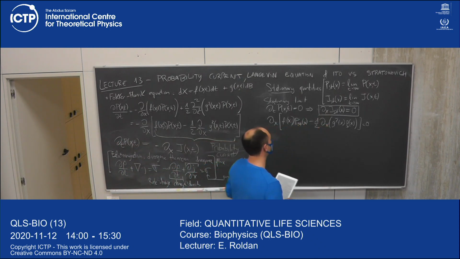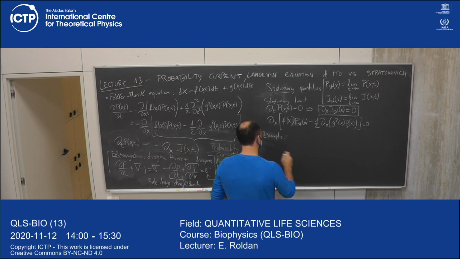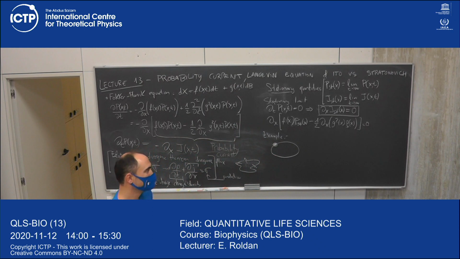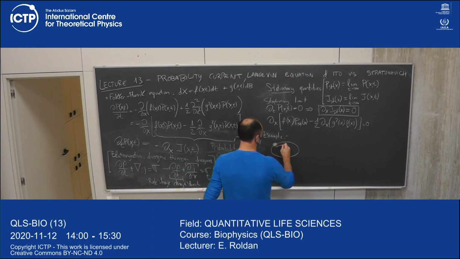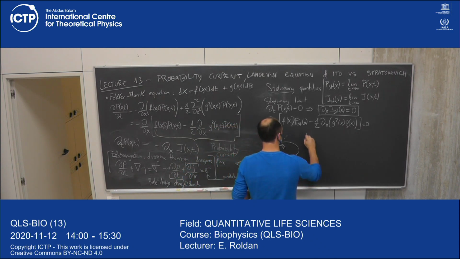For example, if we have this example, it will be very paradigmatic. Imagine we have something like this. We have a ring. We have a particle in a ring. And let's say the particle has a drift V and has a diffusion D. So the equation is something like this: dx equals V dt.